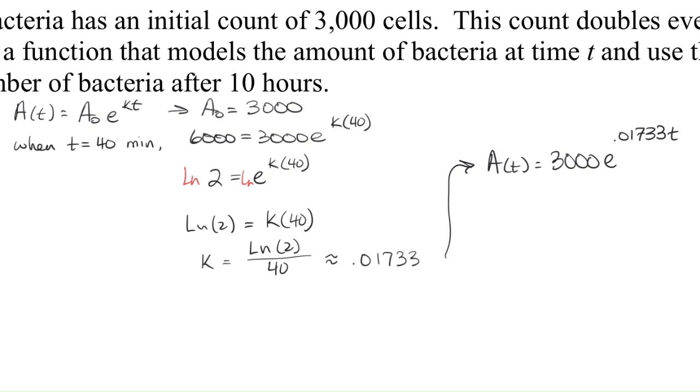So now we can use that model to make a prediction after 10 hours how many bacteria will there be. Now we can't mix hours with minutes, so this relative growth rate is in terms of minutes, so we have to change 10 hours into minutes. 600 minutes.